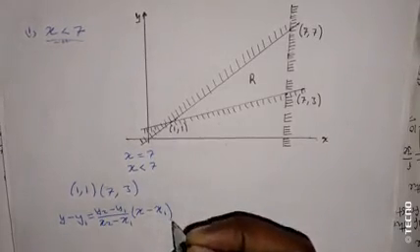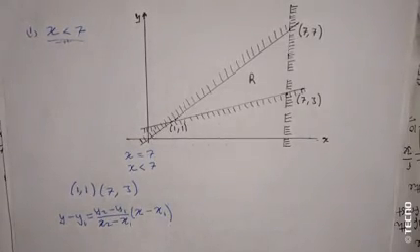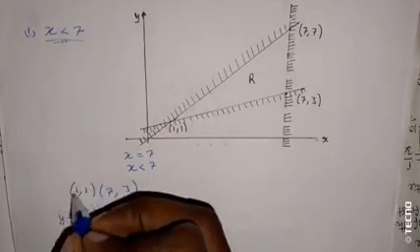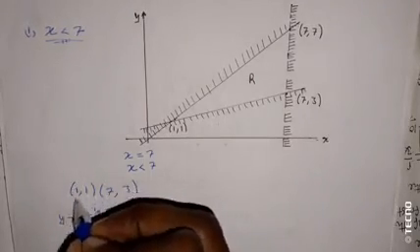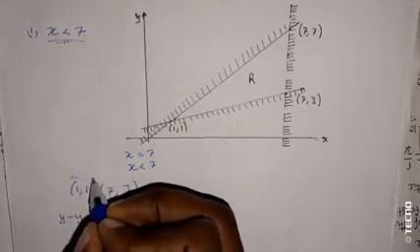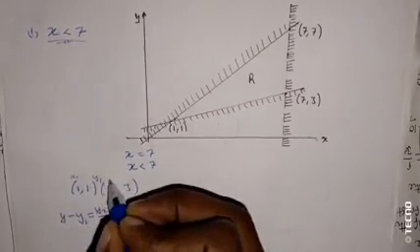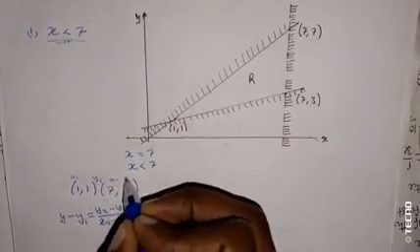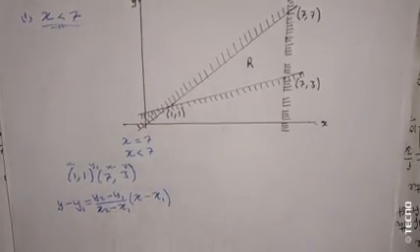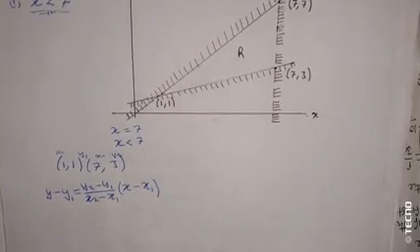This is straightforward, where the gradient and the equation of the line are answered at once. We name the first coordinates x1 and y1, and this side x2 and y2.